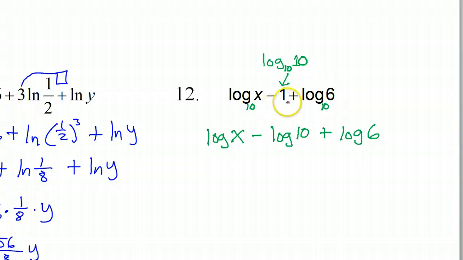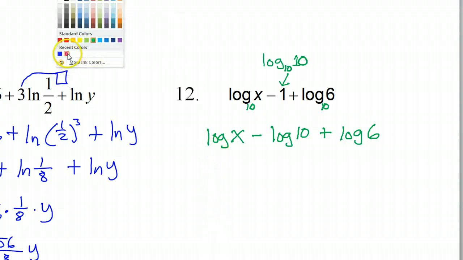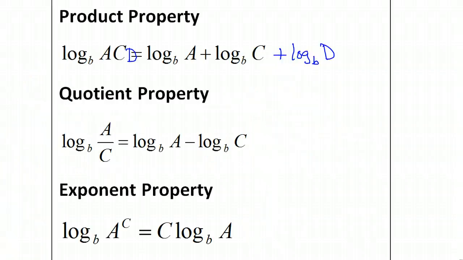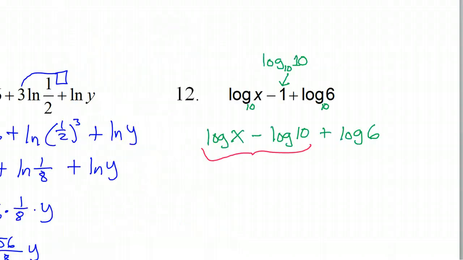Now, the rest is pretty normal. If we do this step and combine these first. As I go to combine these, this is a difference, so I'm going to use the quotient property, where the difference of logs becomes the log of a quotient, a fraction. And it's got to be x over 10.